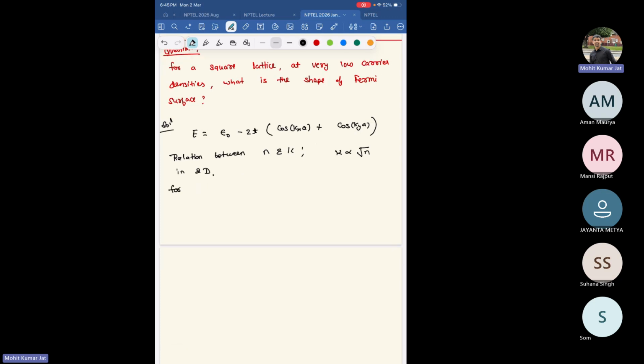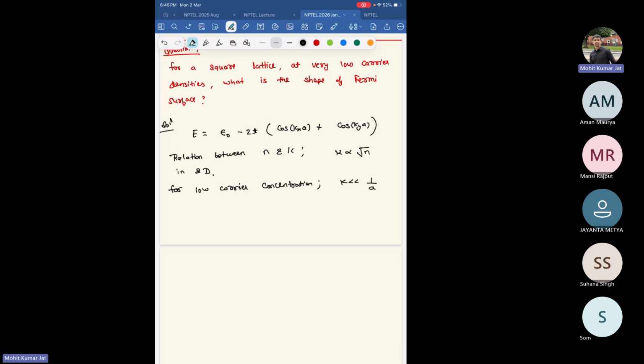So for low carrier concentration, k is also very small, much less than 1 by a.